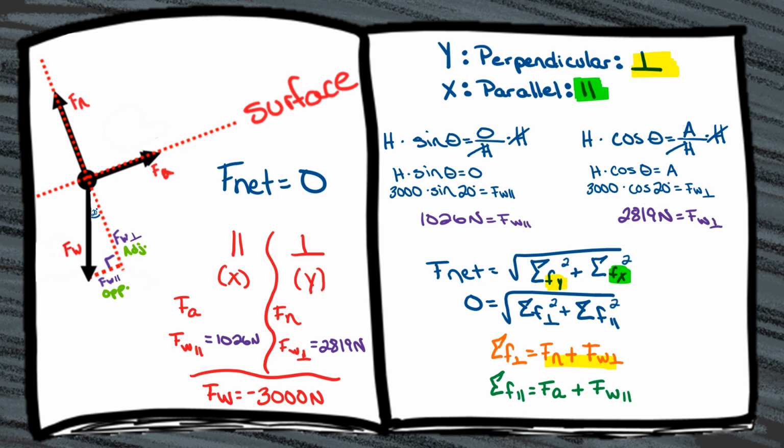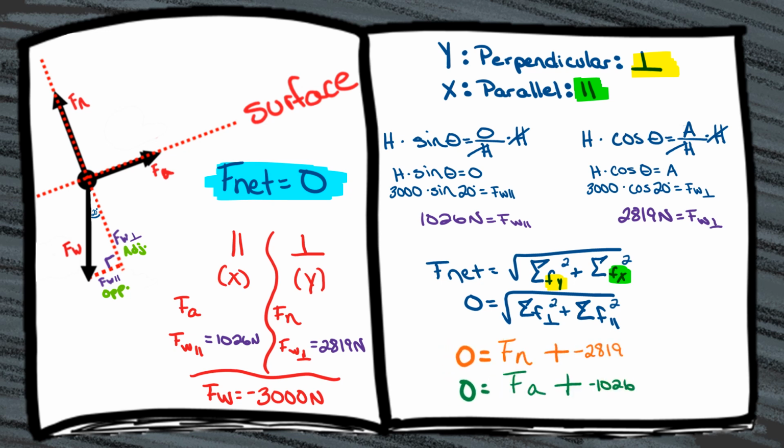Now, the sum of the parallel forces are consisting of applied force and parallel weight component. So using these three equations, let's plug in what we know. Let's start with the first equation. What do we know? You got it, Alex. Since the net force is 0, that means that the forces must be balanced, illustrating that the sum of the perpendicular forces and parallel forces are also 0.